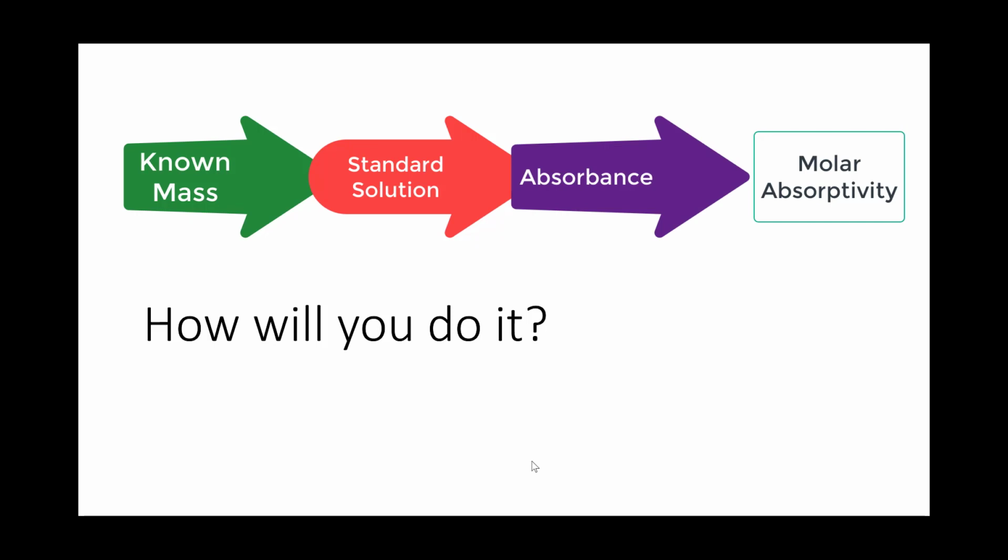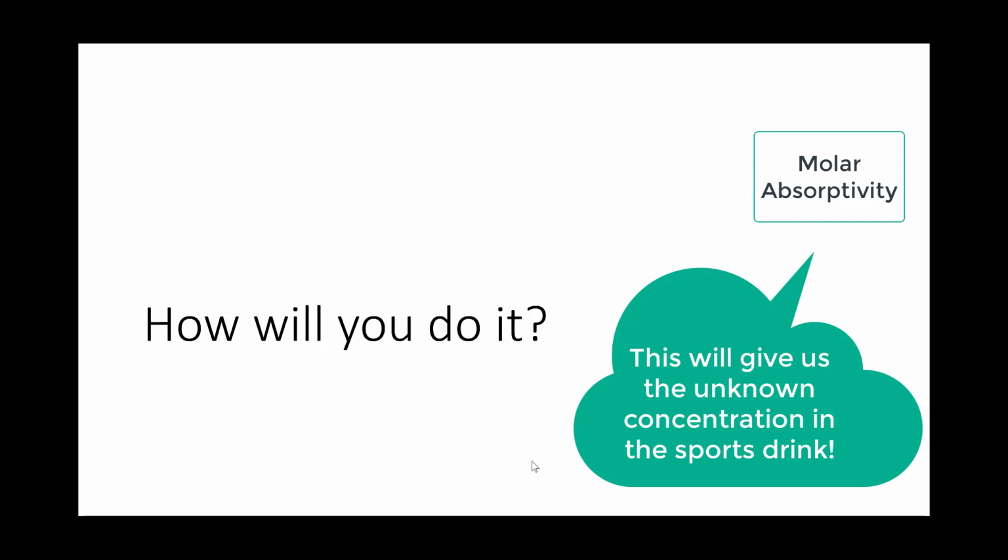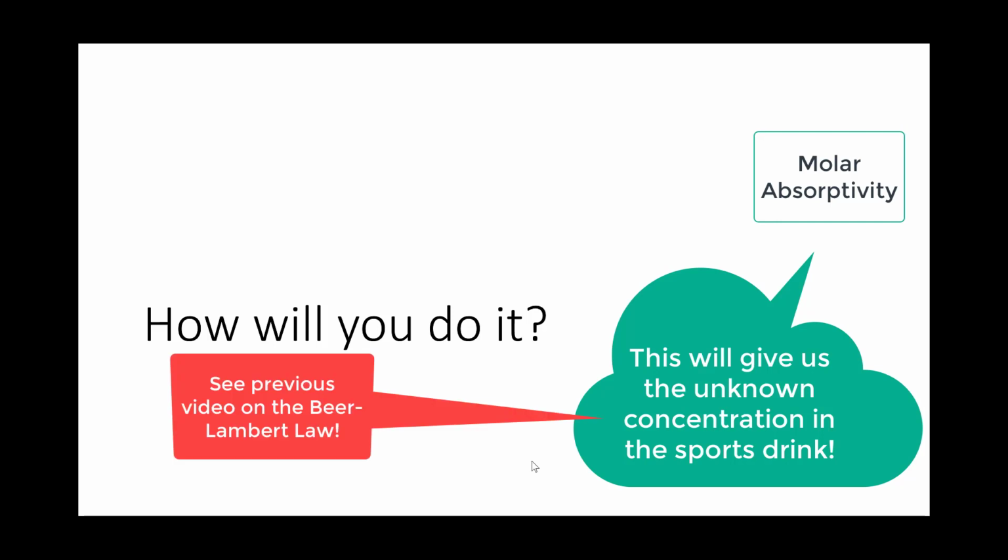And from that, if you know the concentration, if you know the mass of the dye in that particular volume of solvent, then you can calculate something called the molar absorptivity. And when you have the molar absorptivity, then in an independent measurement, when you measure the absorption, you divide that by the molar absorptivity, and that's going to give you the concentration that you're looking for.